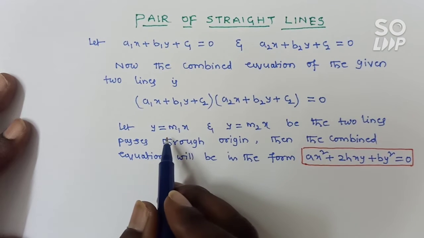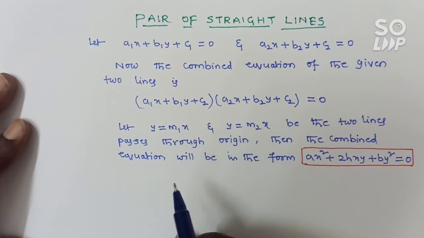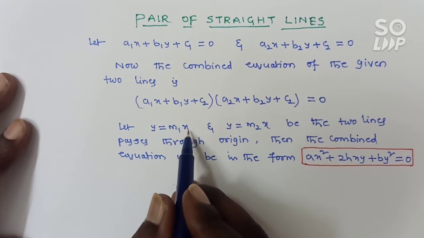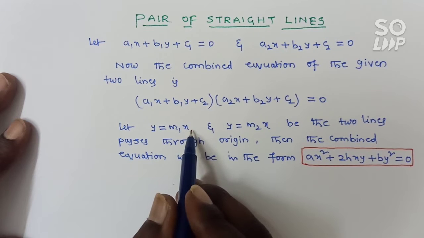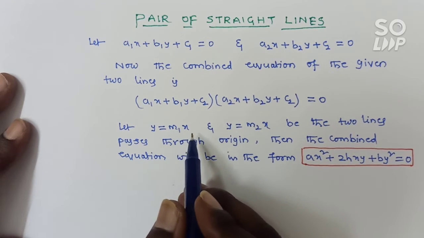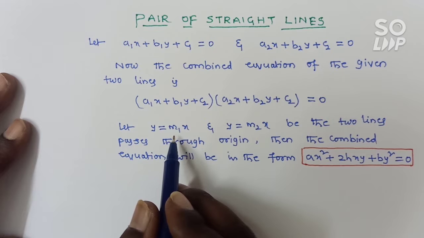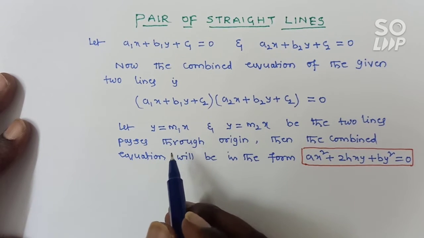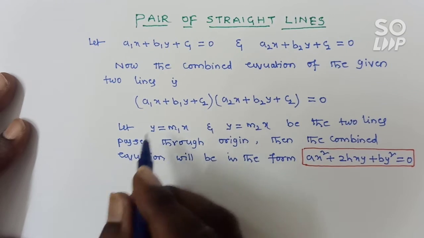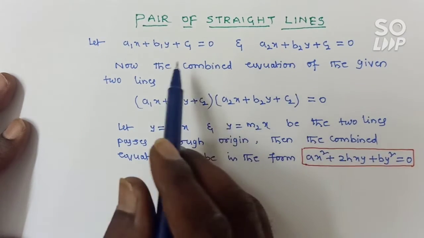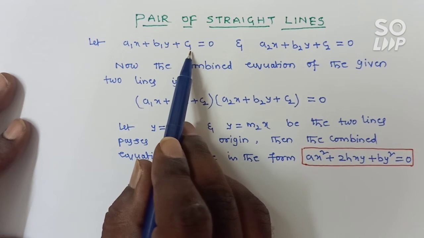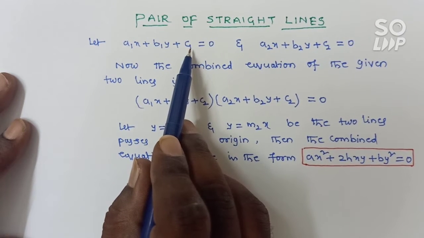Suppose the lines do not pass through the origin. The line which passes through origin doesn't have a constant. If it doesn't pass through origin, it will contain the constant. So in the above equations, the first equation is a1x plus b1y plus c1, where the constant is there.